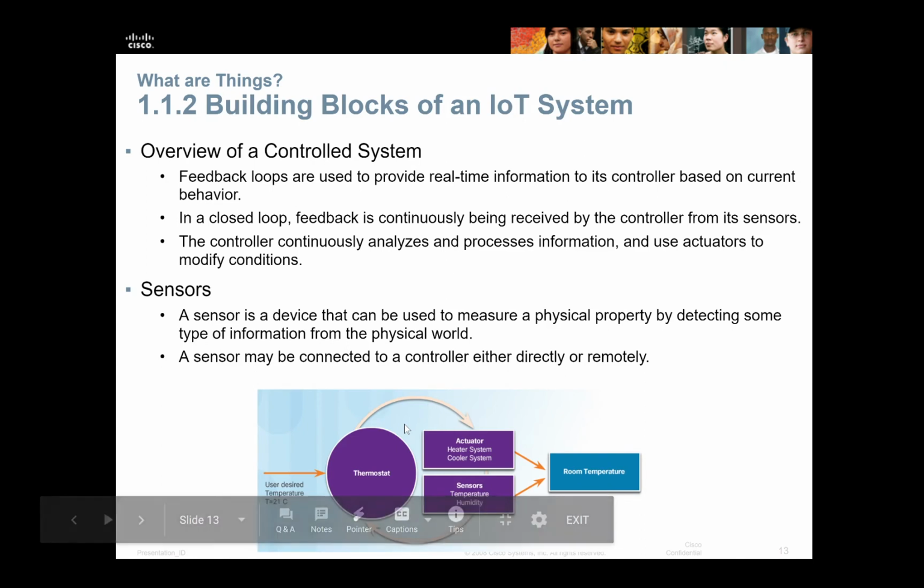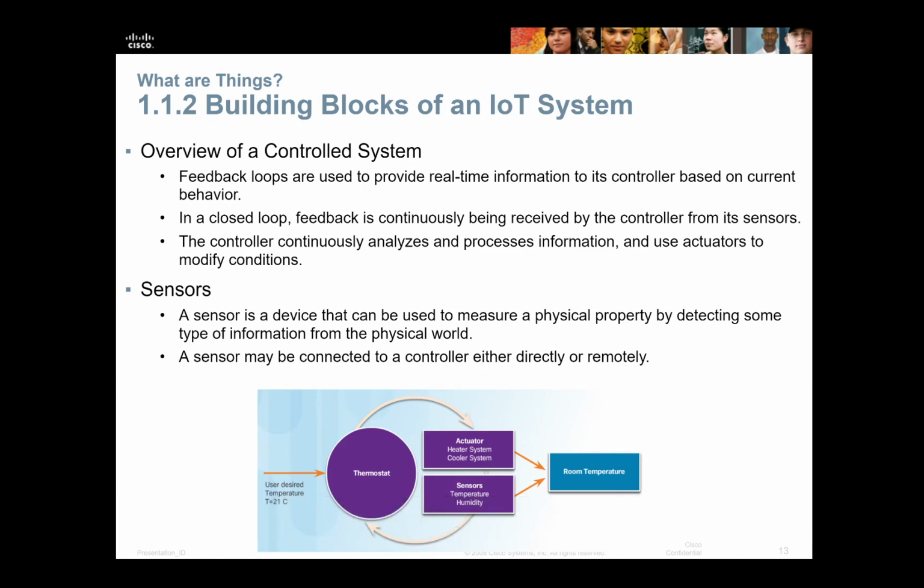Building blocks. This is actually a pretty good picture. It's a picture of the temperature control of a room. The user wants the temperature set to 21 degrees Celsius. Then there is the thermostat, which actually does the controlling.